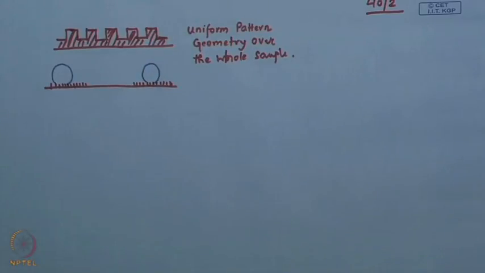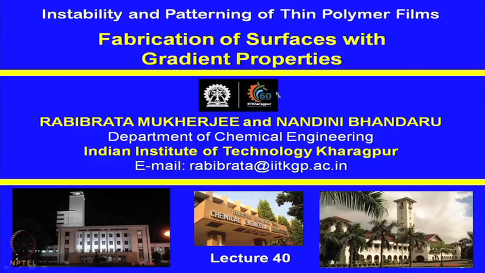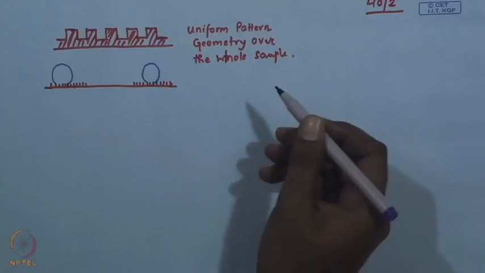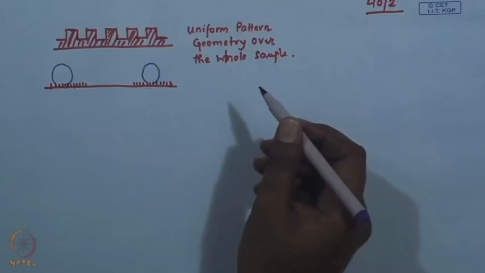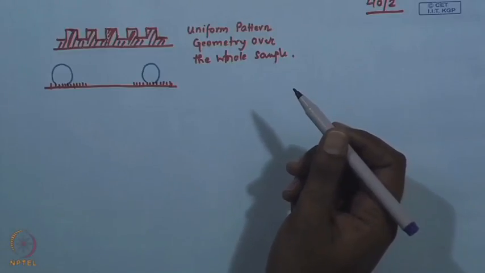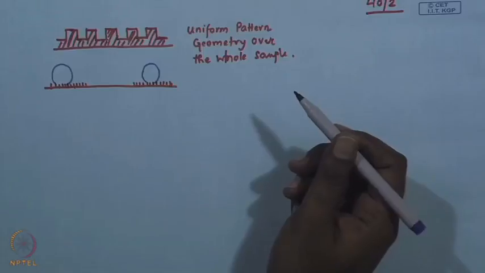Now, gradient surfaces are slightly different, where surface gradients are surfaces with chemical or physical properties that change over a given distance. So, from one side to the other, let us say if the pattern topography or the morphology or even the chemical composition varies, that is what is a gradient surface.